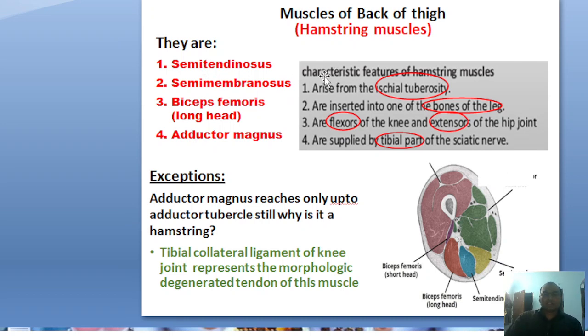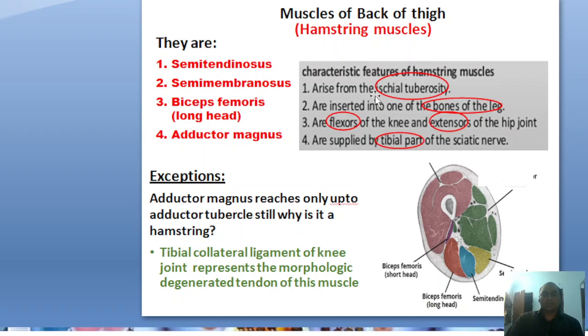The characteristic features of these muscles are that they arise from the ischial tuberosity, are inserted into one of the bones of the leg, either tibia or fibula, are flexors of the knee and extensors of the hip joint, and are supplied by the tibial part of the sciatic nerve.